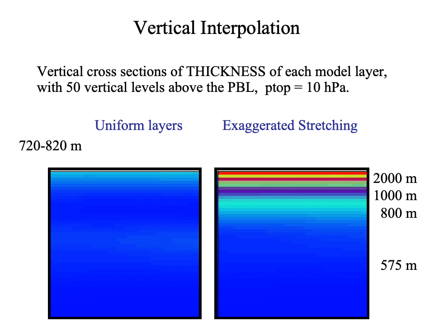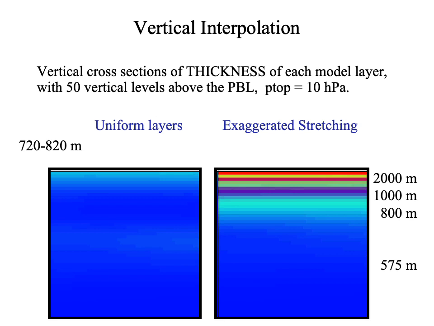The problem with having very thick layers is that the absorbing layers at the top of the model require a certain thickness. If the levels are several kilometers thick, you only have 1 or 2 levels inside that absorbing layer, and those absorbing layers are very ineffective.